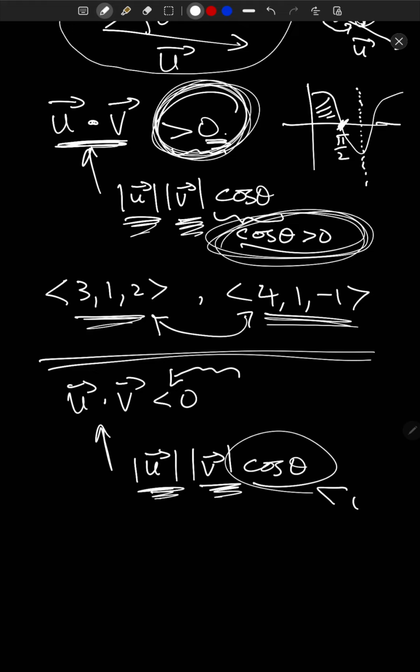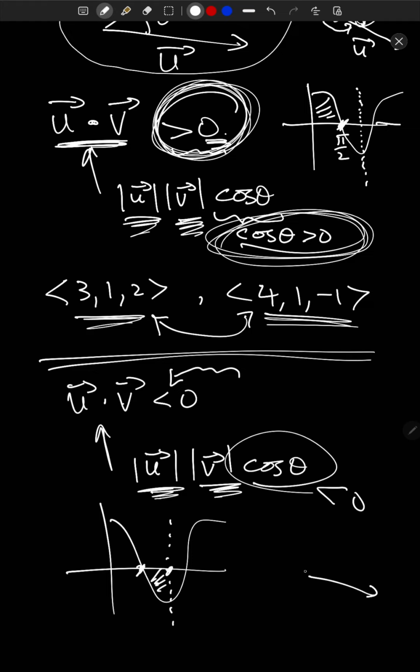For the cosine to be negative, we look at the graph of cosine between 0 and pi. It's got to be here. So that means that the angle between u and v has to be bigger than pi over 2, and of course less than 180, so less than pi. So perhaps u and v might look something like this, with this angle right there.